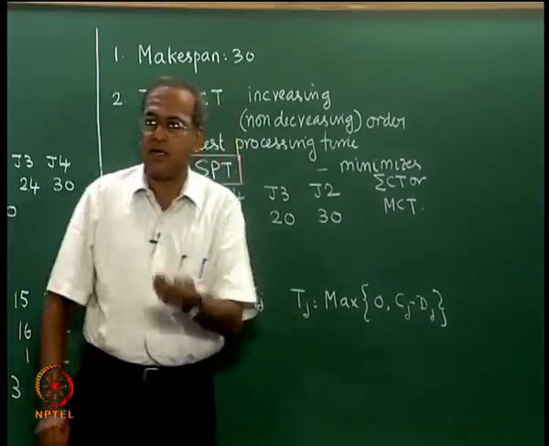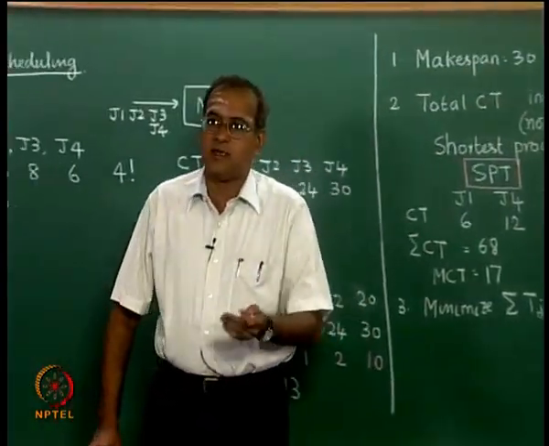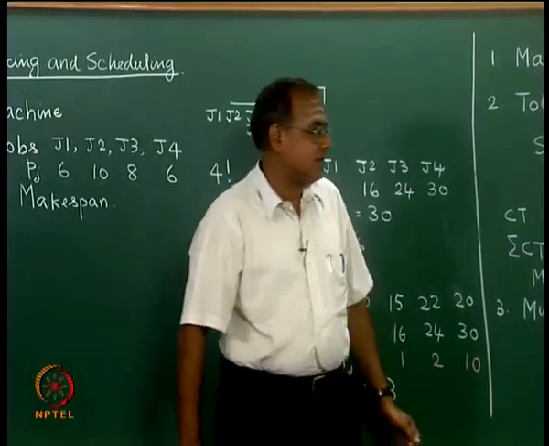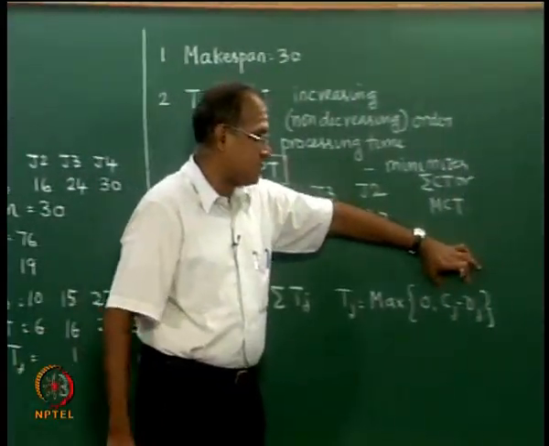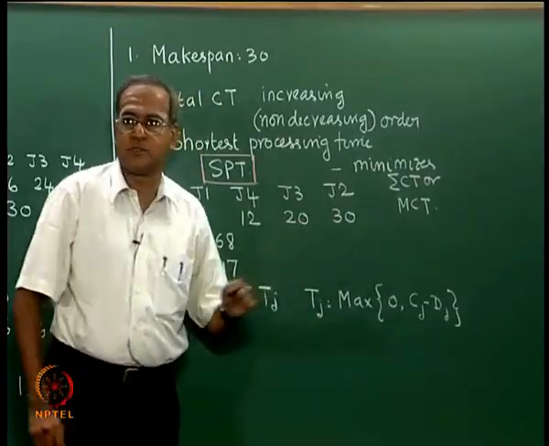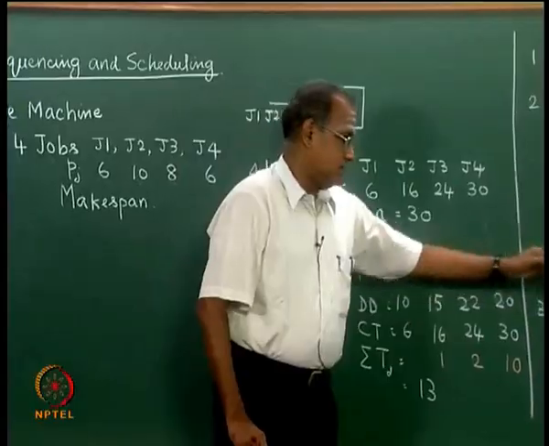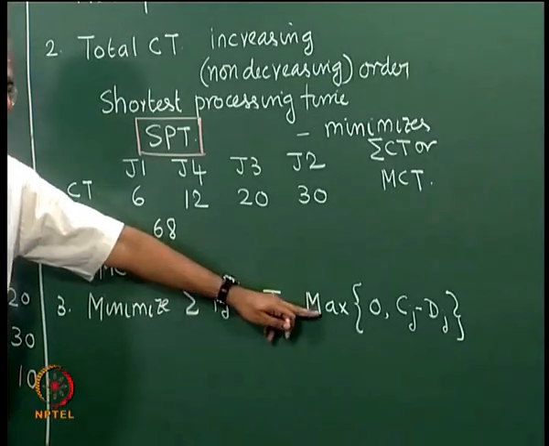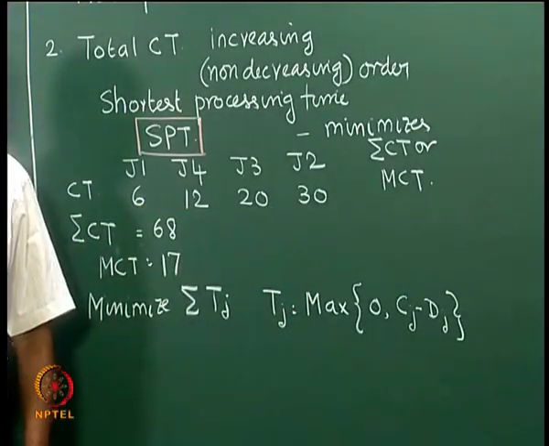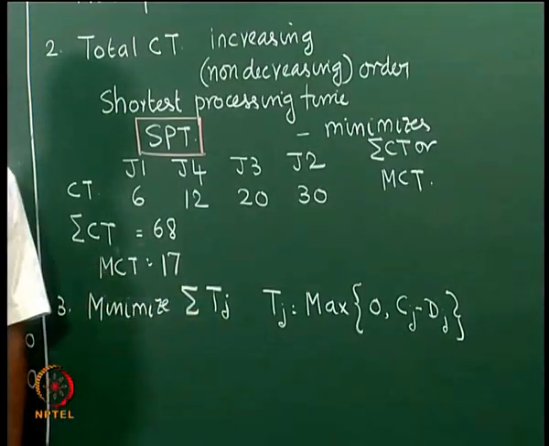So when the job is early, which means Cj is smaller than Dj, then Cj minus Dj becomes negative and the tardiness associated with job j becomes 0. So tardiness of job j is maximum of 0, Cj minus Dj, and total tardiness is given here.